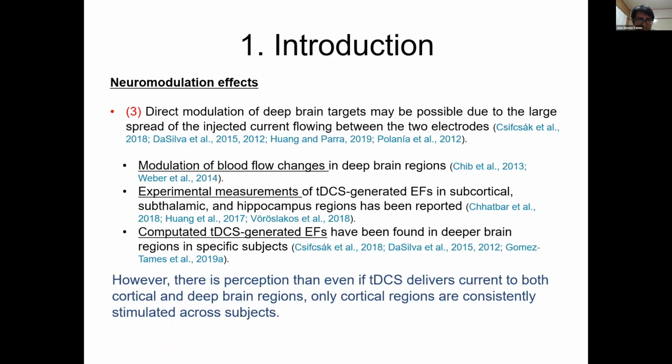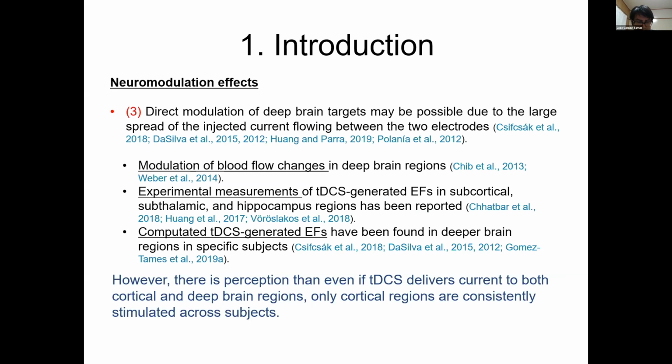So there is actually a lot of evidence on this. For instance, we have seen from fMRI studies the activation of deep brain regions from tDCS. Also, we have experimental measurements where we can see significant electric field values also in deep brain parts.